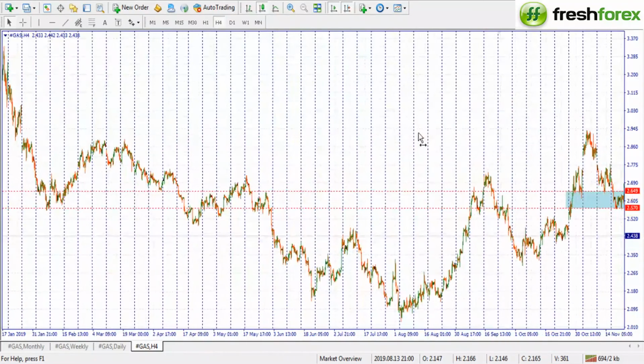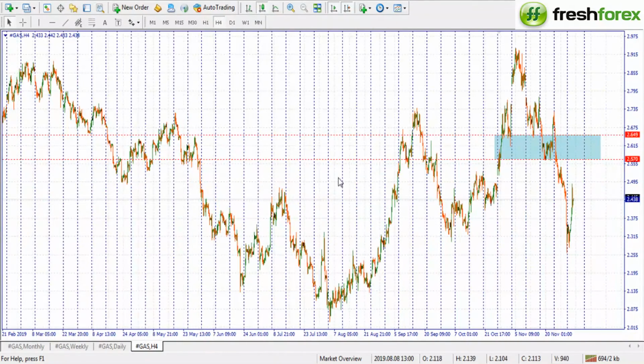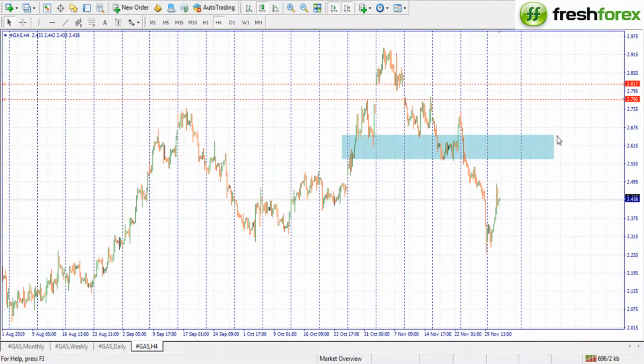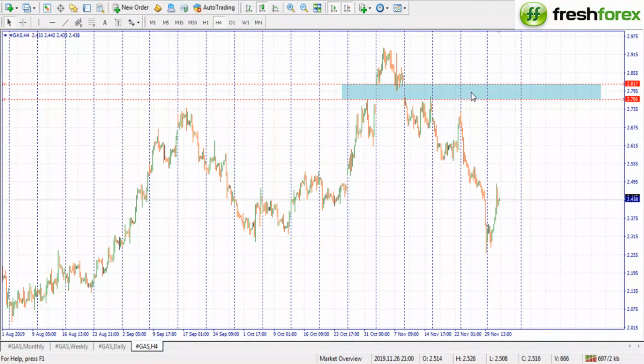If it goes above that level, then the next best level is this one, where we had this gap. If price proceeds above this level here, then this should be the correct place to sell from.